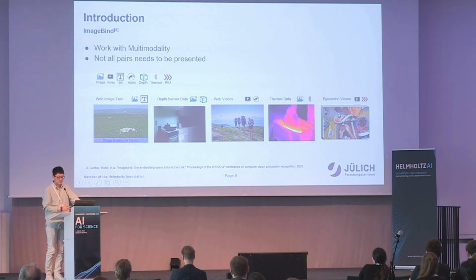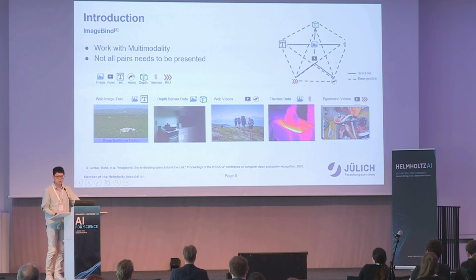And one excellent property of ImageBind is that it does not need all the pairs between these modalities. It just needs the pairs between the central modality and the other modalities. In ImageBind's setup, they have chosen image as their central modality. So that means that during the training, only the pairs between text and images, and audio and images are needed, and the direct link between text and audio is not needed.